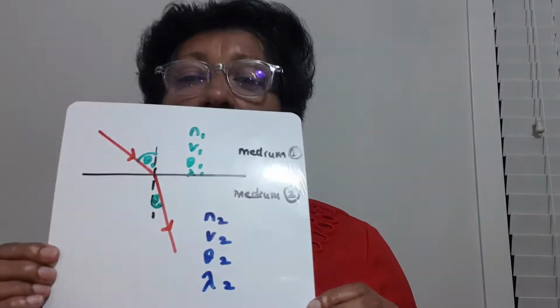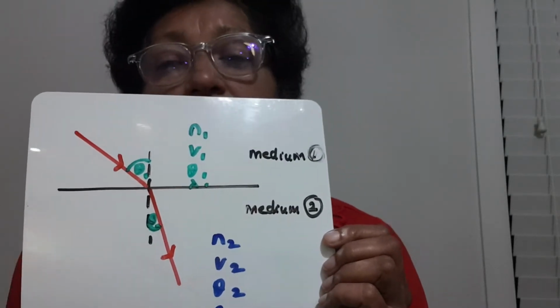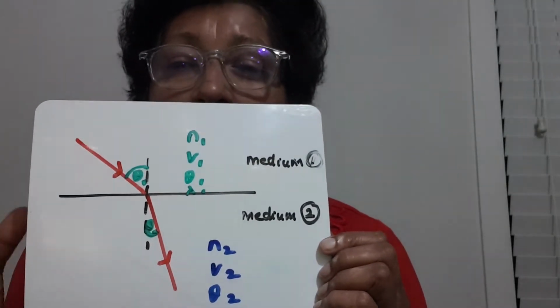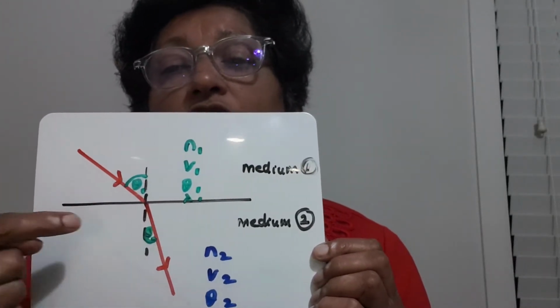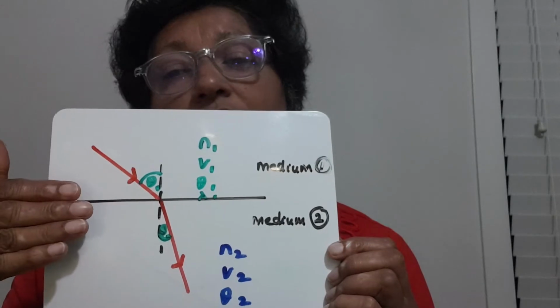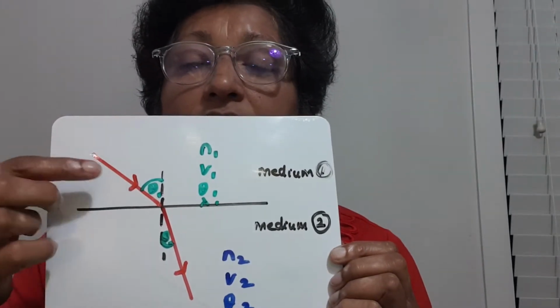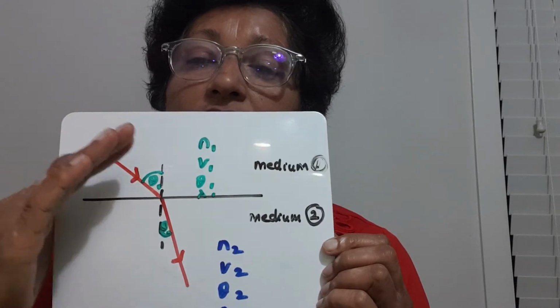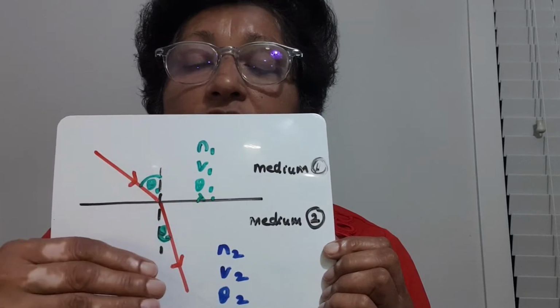So I've just drawn a diagram and I'll explain what this is about. Very similar to the questions you did on light, but there's a few more things over here though. This black line, the horizontal line, is the division between medium 1 and medium 2. And this red line is a ray, which tells you the direction of the wave going from one medium to the other.